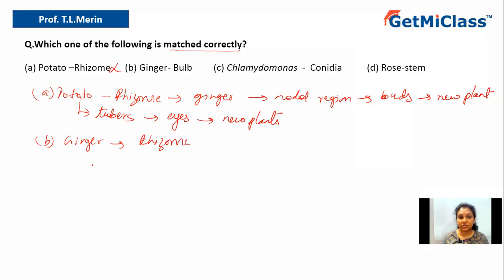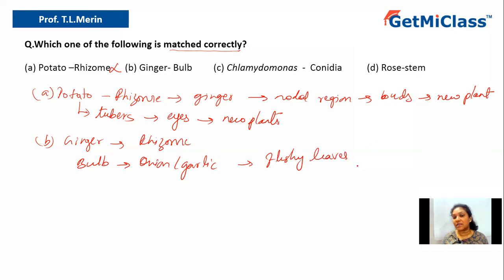Bulb is a reproductive structure in bulb-forming plants, for example onion, garlic, etc. These bulbs are made up of thick fleshy leaves, layers of leaves, not one leaf, which enclose a bud in the center.